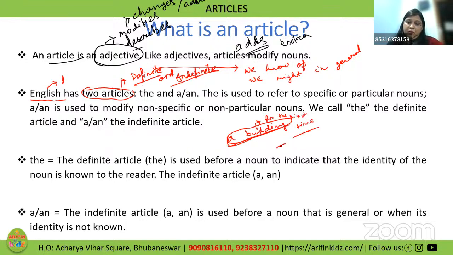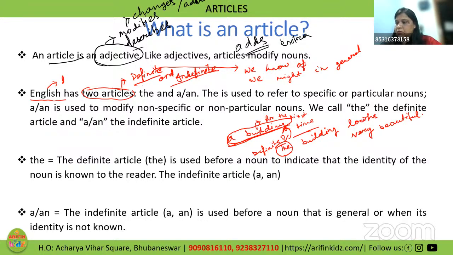But when you are talking of the same building, the building looks very beautiful, like a palace, right? So why do you write here the? Because it is now definite. It is not just any building. It is the same building that you have already talked of.